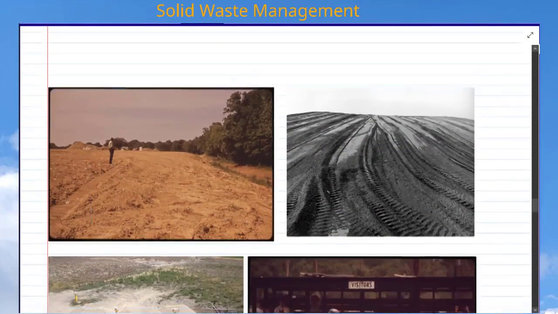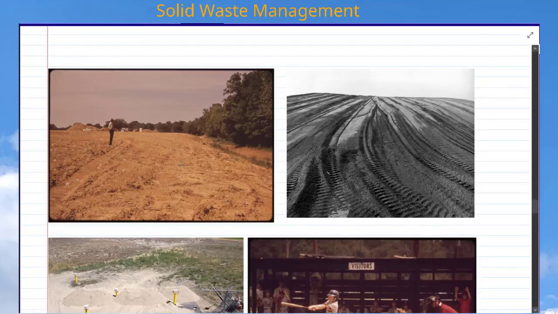At a particular site the disposed material is covered with soil or clay, which is again compacted. This way it may be continued for many years, maybe 10 years, 15 years, or 5 years, depending upon the size of the landfill area.